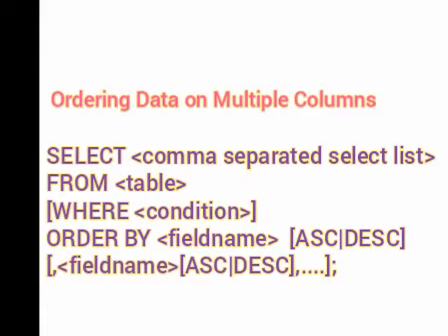The ORDER BY clause also allows us to order the result set by multiple columns. We can do that by specifying multiple column names in the ORDER BY clause along with the desired sort order. Here you can see this is the syntax for specifying multiple column names or field names.